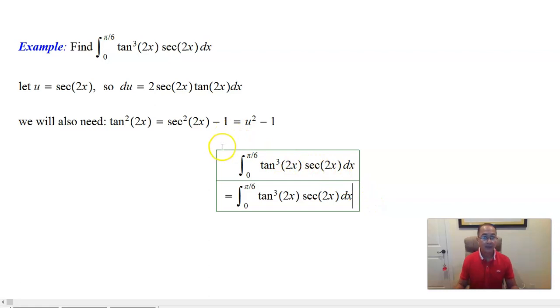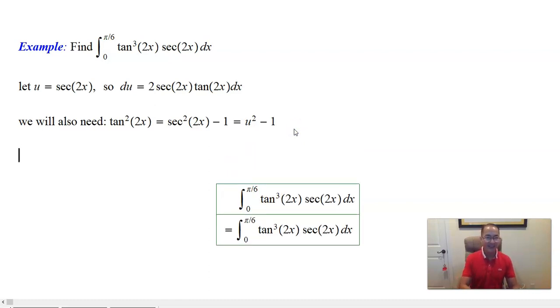Oh, we still have our limits. Remember how I warned you that, check it out. When x is 0, u is secant of 0. Is that 0? No, that's not 0. 1 over cosine 0. Cosine 0 is 1.